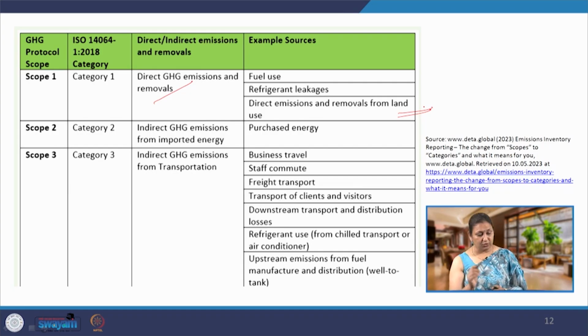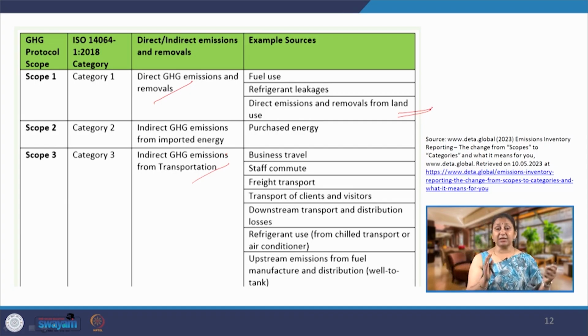So, what we have here is category 3, where we are talking about indirect GHG emissions from transportation. So, all the business travel, staff commute, freight transport. We have seen all the indirect greenhouse gas emissions resulting from transportation of goods, of people, of services is going to come into this category 3, which is going into our scope 3.